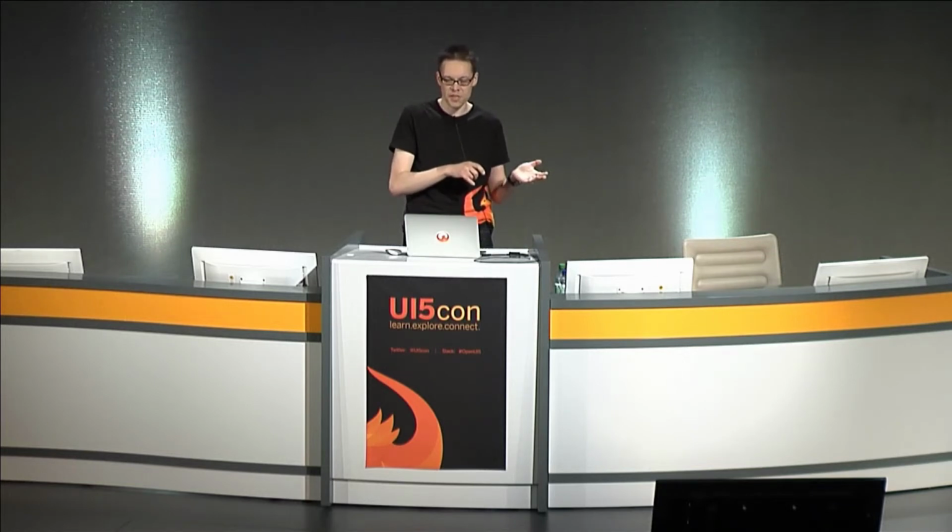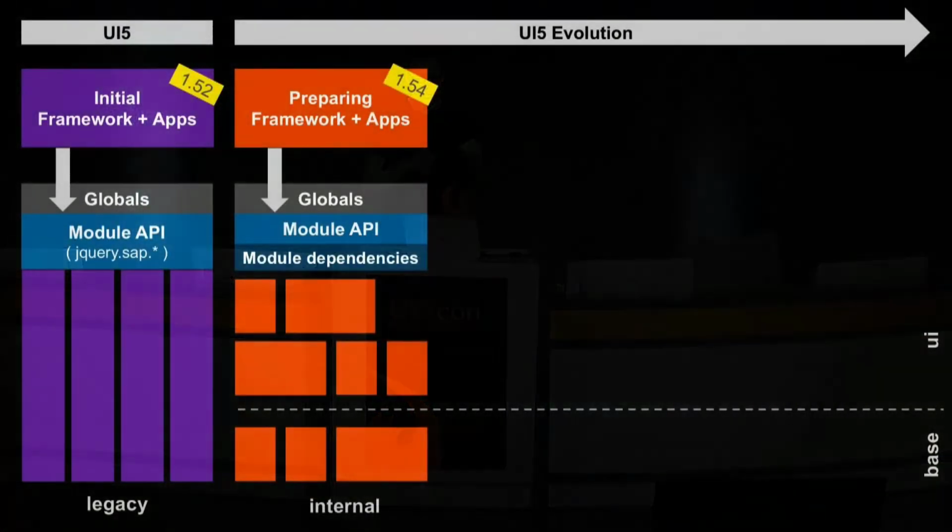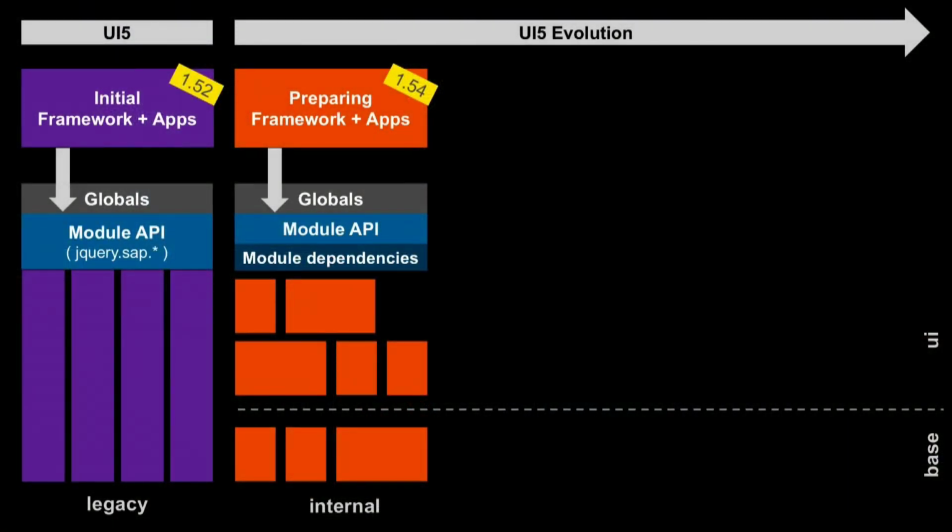So the modules were already split into smaller pieces, and they were refactored and separated into those layers that I mentioned. For one, a base layer that isn't dependent on DOM and jQuery, and on the UI layer that has all the required features.